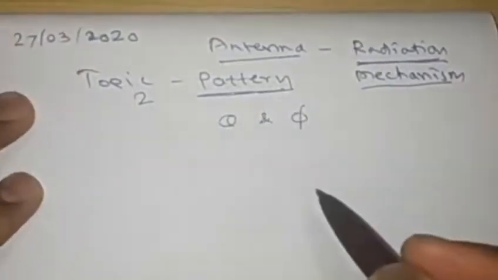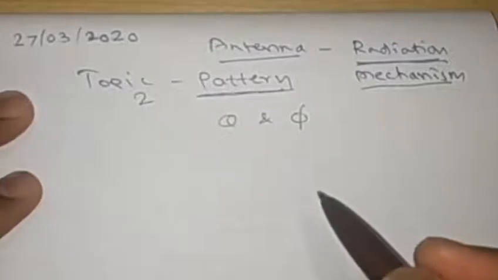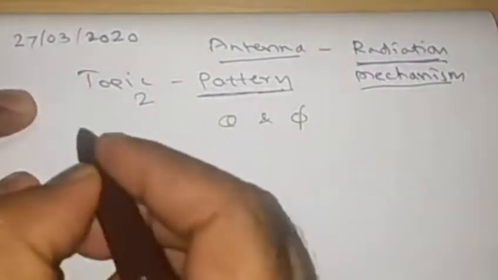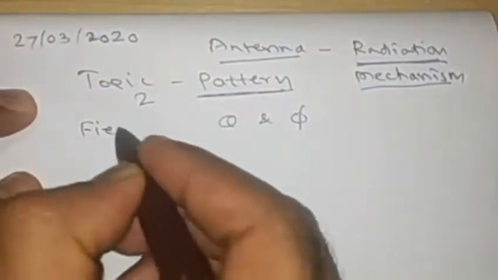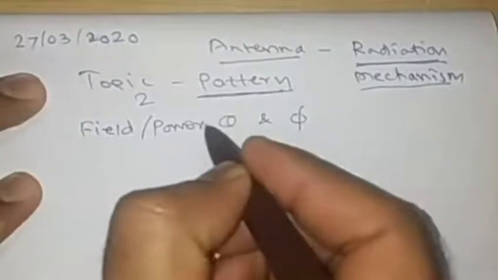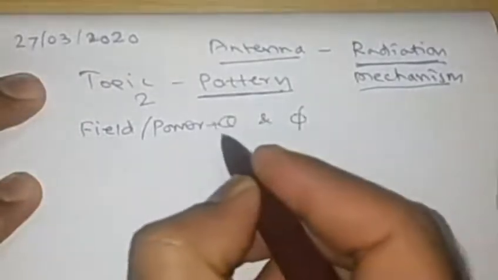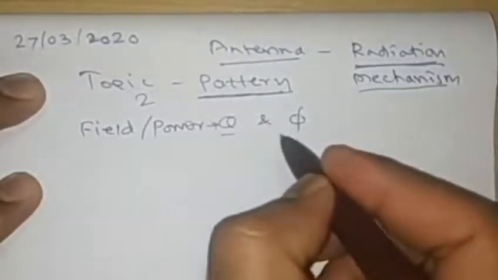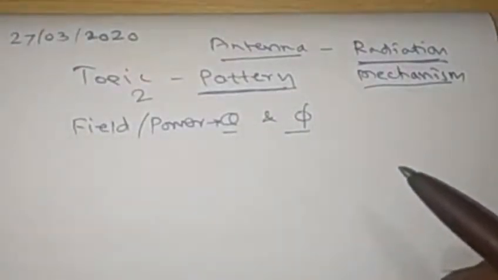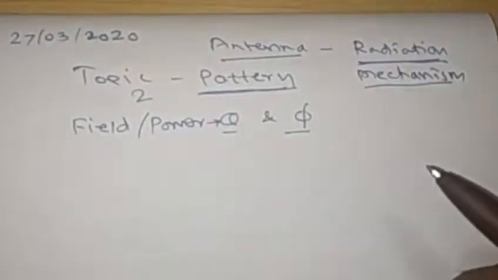So pattern is basically defined as a three-dimensional quantity which involves variation in field radiated by an antenna or power radiated by an antenna as a function of spherical coordinates theta and phi. The radiation pattern of an antenna can be three-dimensional or two-dimensional.